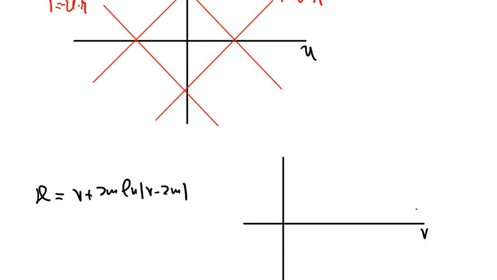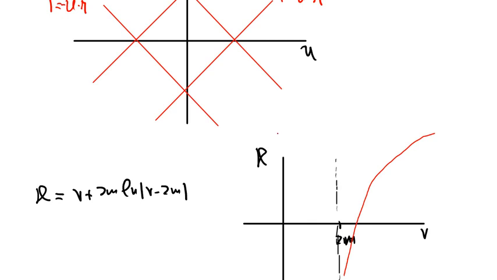So this is small r, this is big R. You see that at r equal to m we have divergence, right? So the graph will look something like this.